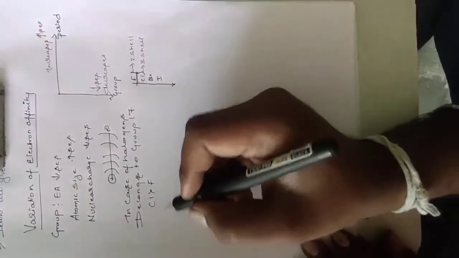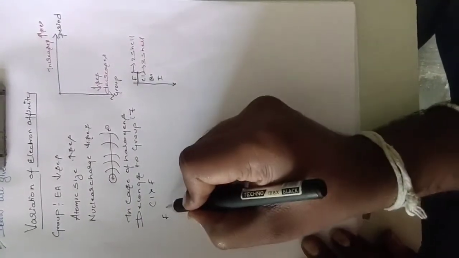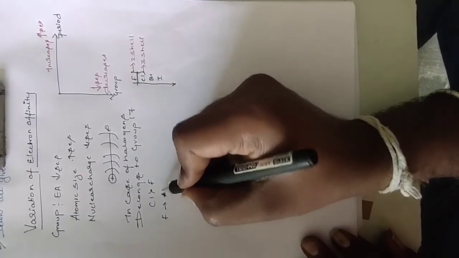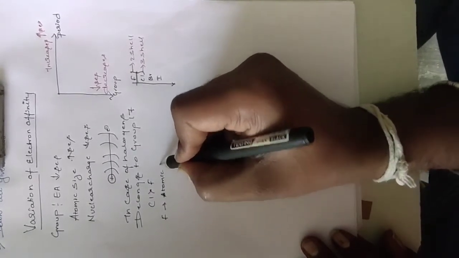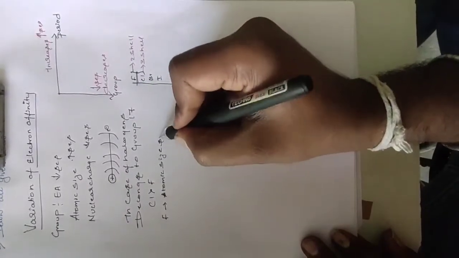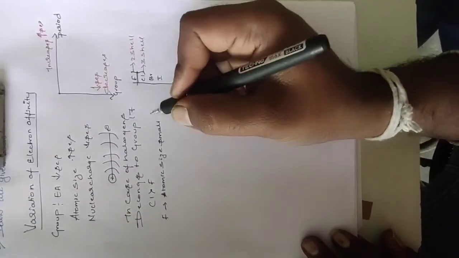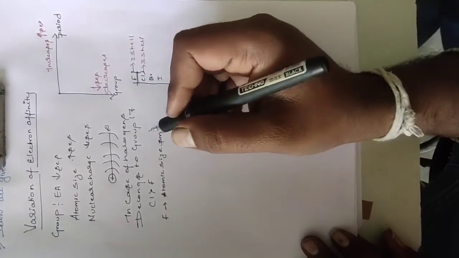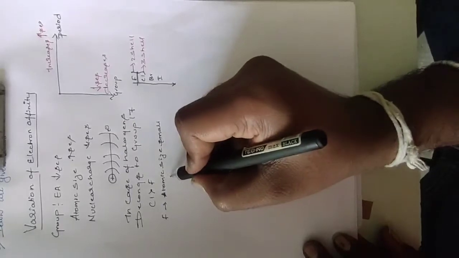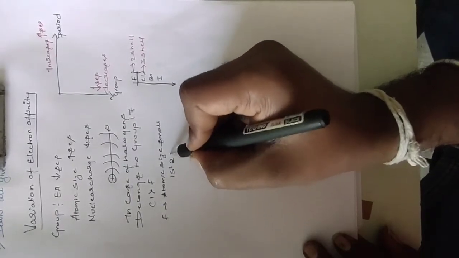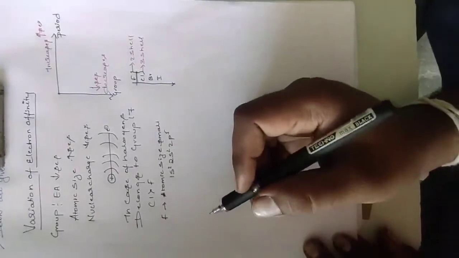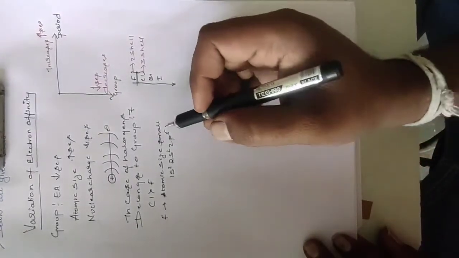Then the F atomic size is small, and its electronic configuration is 1s2, 2s2, 2p5, correct? In the p orbital, electrons are added.